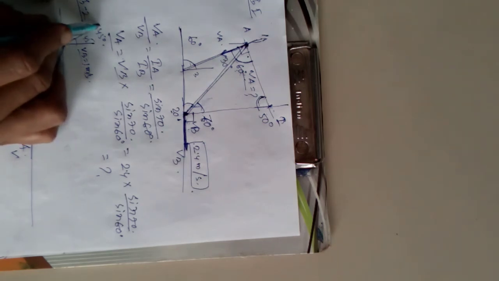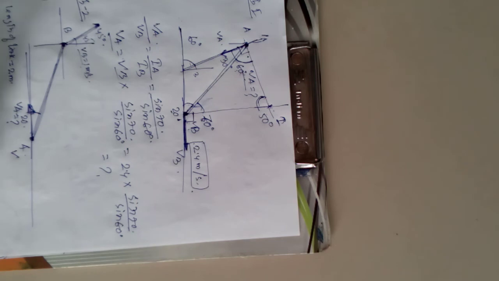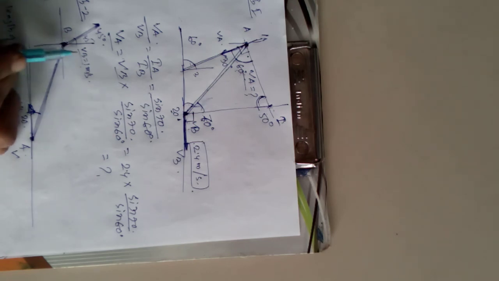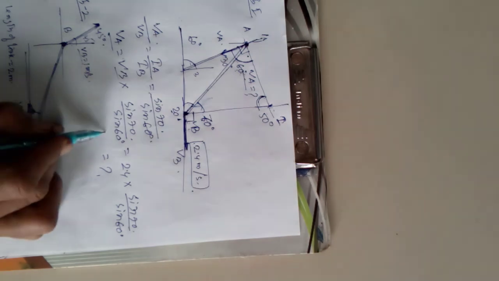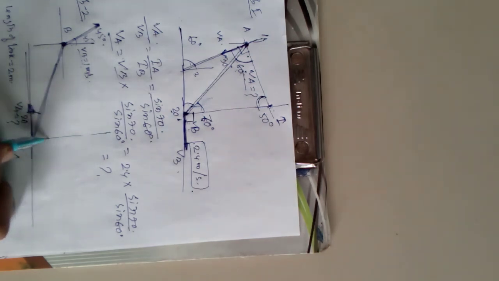Okay, so as the direction of VB is given, and the direction of A is also given, but the magnitude of point B is given, VB is given, VA is not given. We have to find out VA. So in that case, as the direction is given from point A, it will be perpendicular.